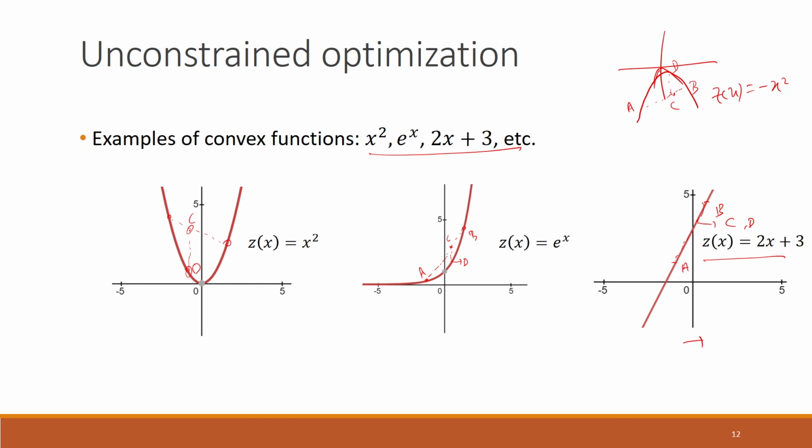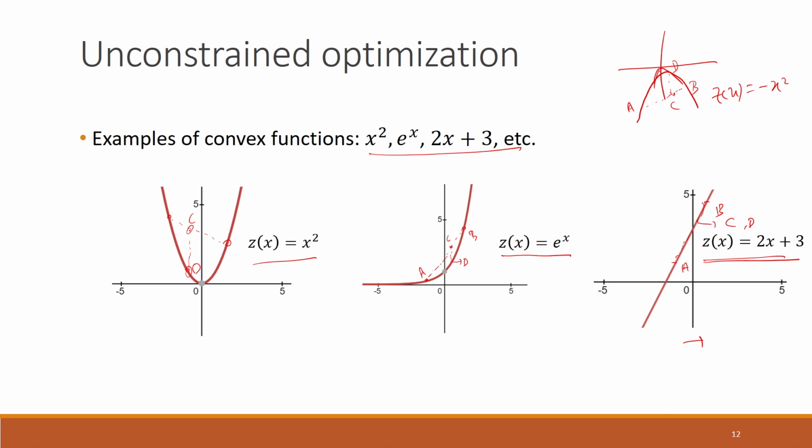Now, you can see that the function z(x) equal to x square is a convex function, but it is not a concave function. Similarly, z(x) equal to e to the power x is a convex function, but it is not a concave function. But the function z(x) equal to 2x plus 3 is unique, because it is a convex function and also a concave function. When you pick any two arbitrary points A and B and draw a line segment connecting them, any point C on this line segment is not going above the corresponding point, because that point will also be the same.